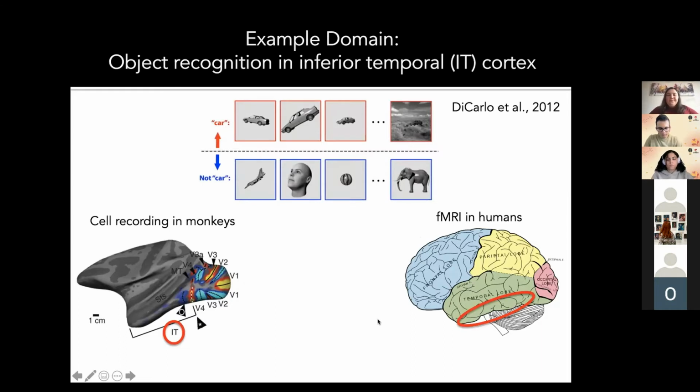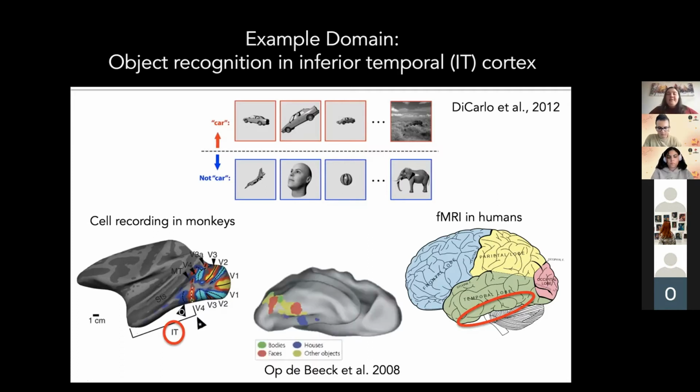And we know that the inferotemporal cortex of the primate brain responds to objects, and early research has shown that in inferotemporal cortex there are different patches that correspond to different categories of objects.